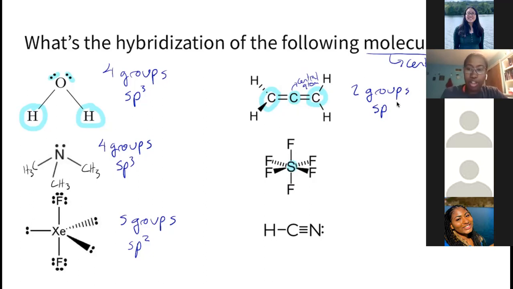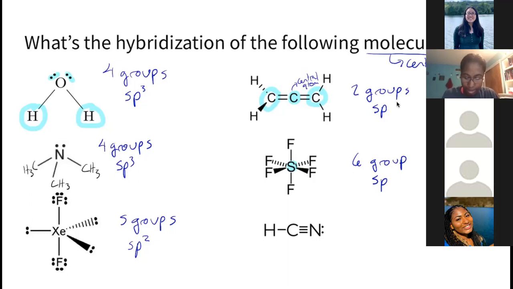Does anybody want to take a stab at what the hybridization for the sulfur is? Wouldn't it be SP? Yep. So if it has 2 groups or 6 groups around it, the central atom will be sp hybridized. So kind of just like this example.